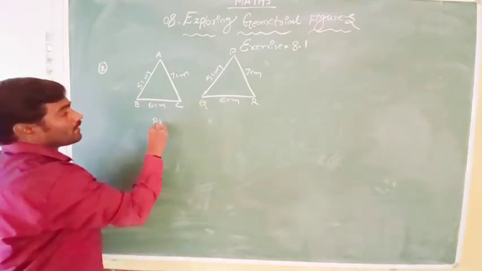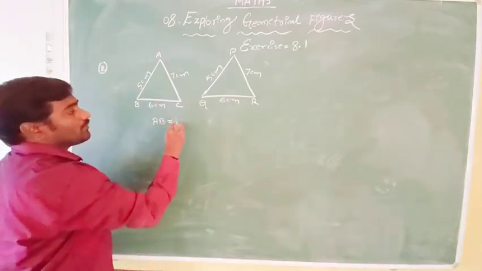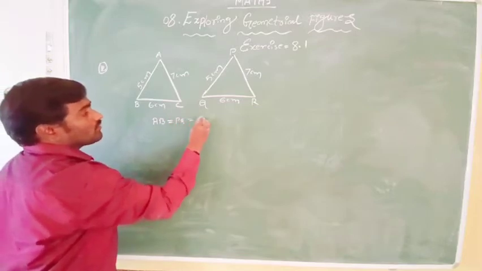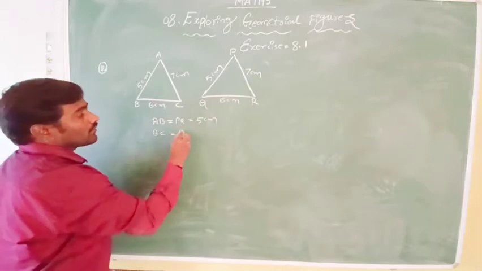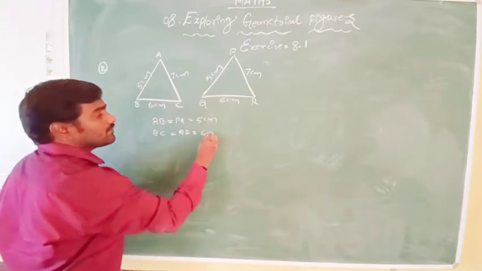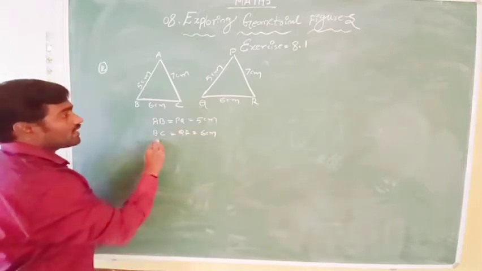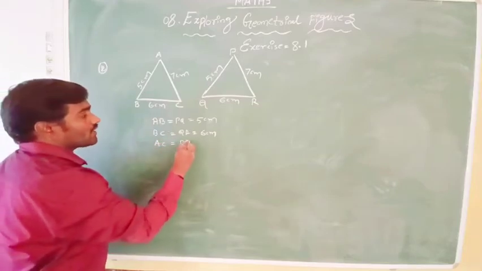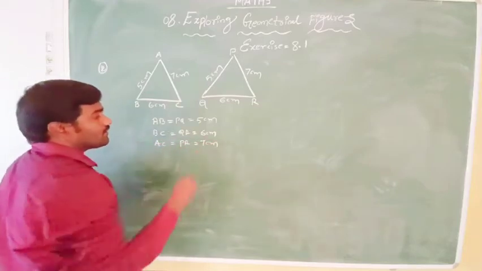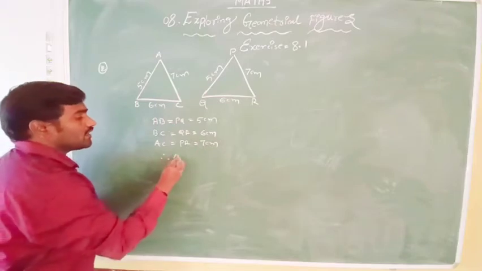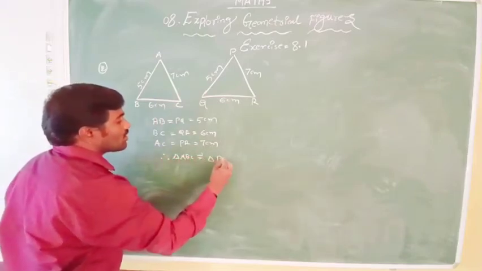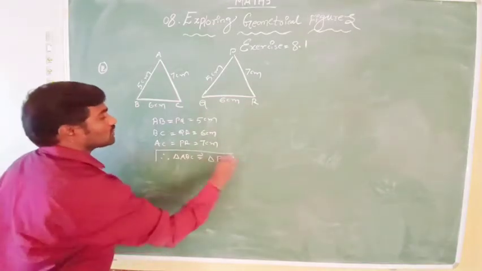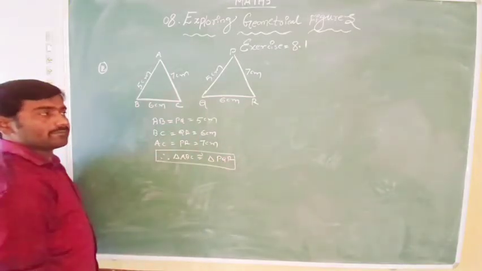Here AB is equal to PQ, that is 5 centimeter. BC is equal to QR, that is 6 centimeter. AC is equal to PR, that is 7 centimeter, and therefore triangle ABC is congruent to triangle PQR. These two triangles are congruent.